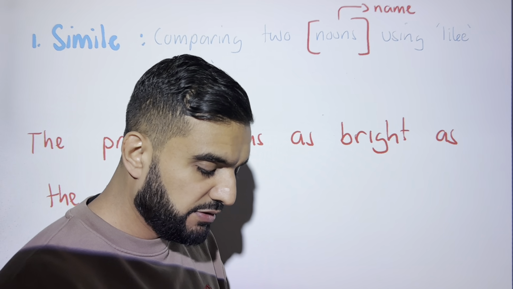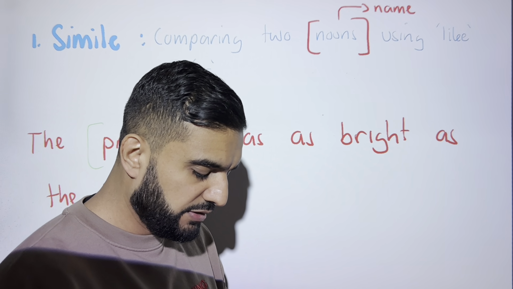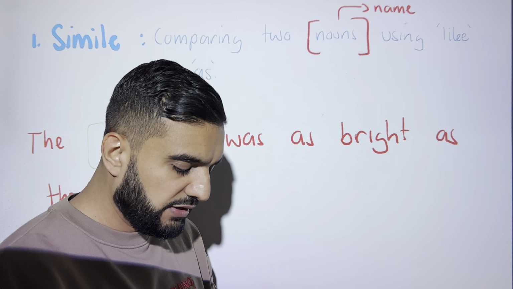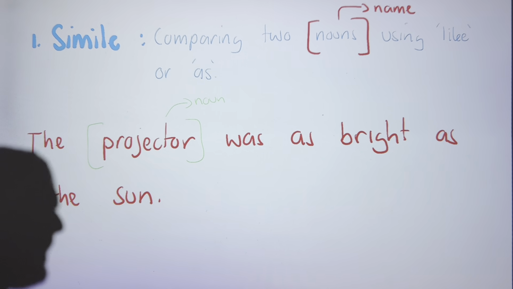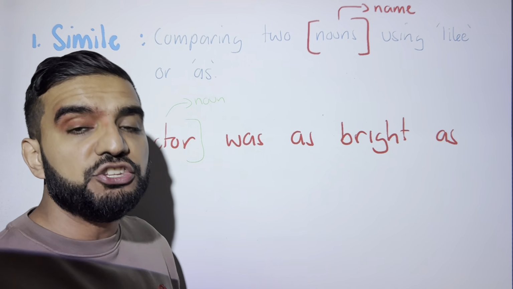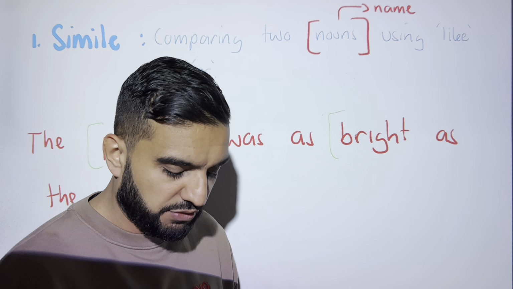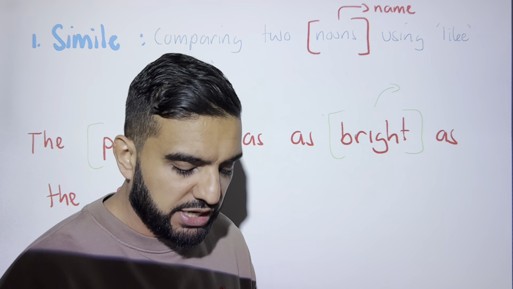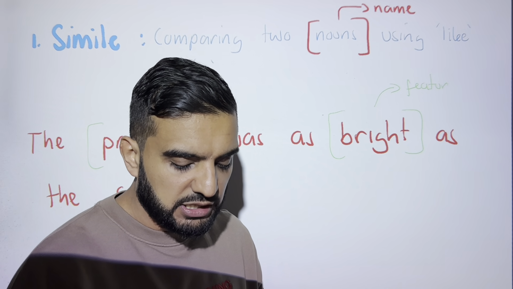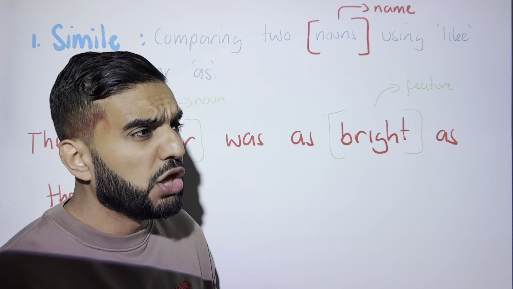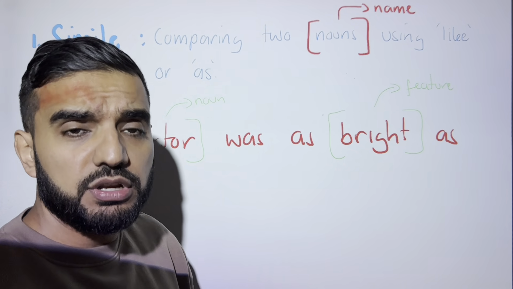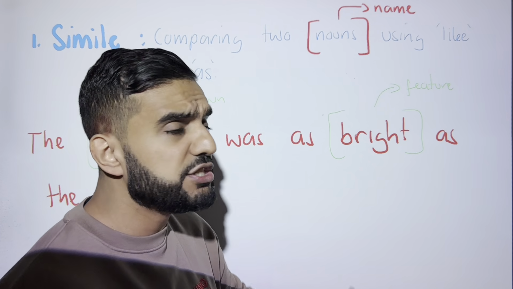Now, if we go through my particular simile, what have I got here, guys? This over here is my first noun, which is the projector. Then I need to think about, what feature of the projector am I comparing? I'm comparing the brightness. So that's the feature that I chose to compare. Then I had to think about, okay, what other noun fulfills this criteria?